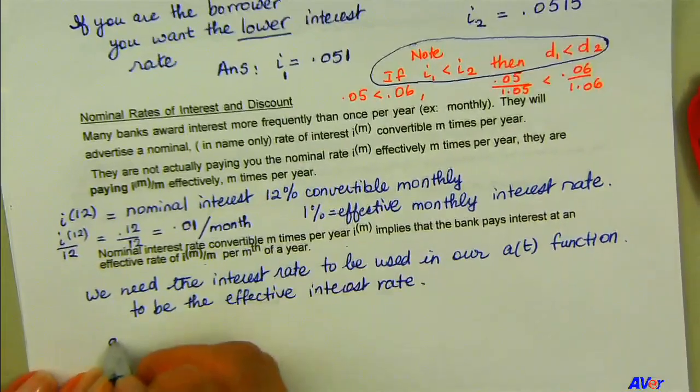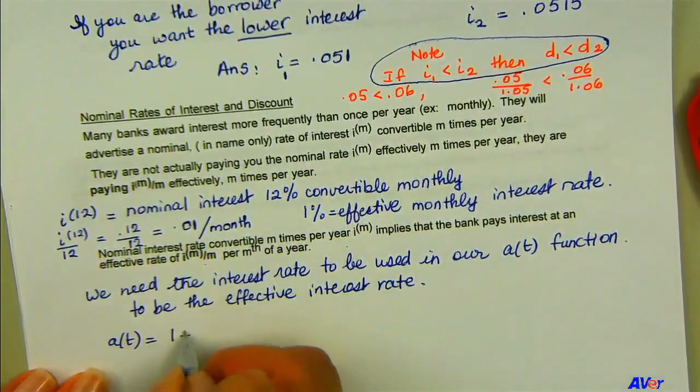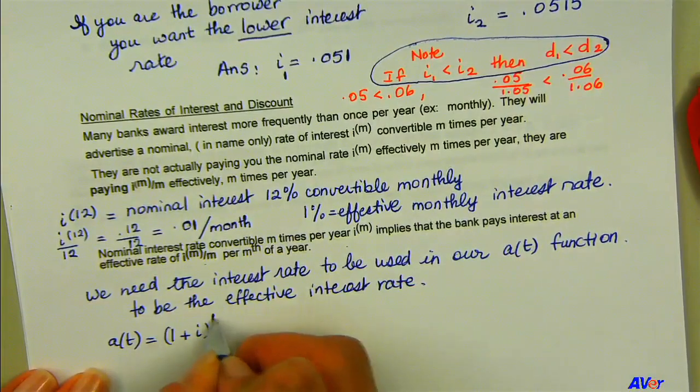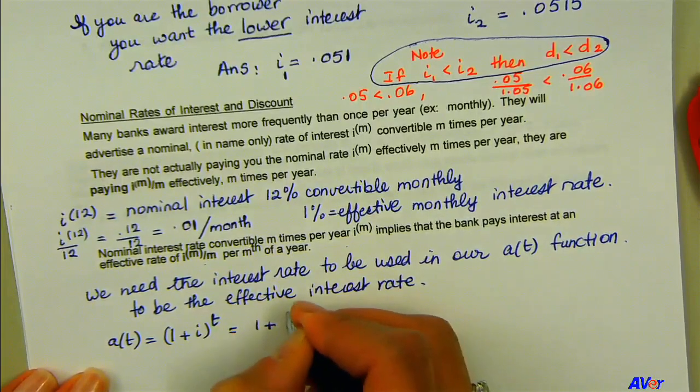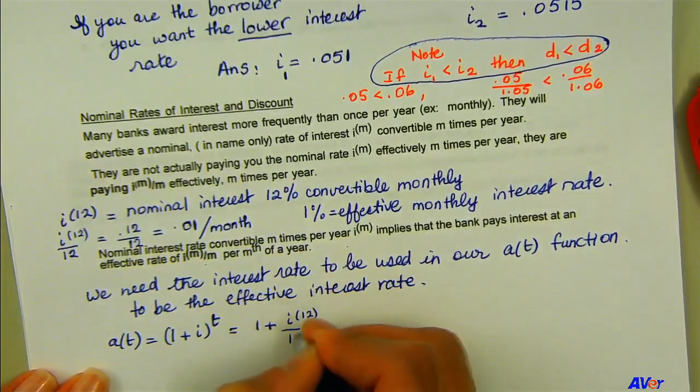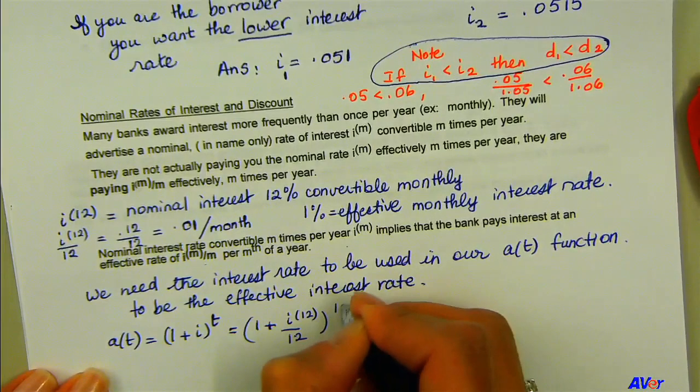So A of t is equal to (1 plus i) to the t, this I know, is equal to (1 plus i^(12) over 12) to the 12t.